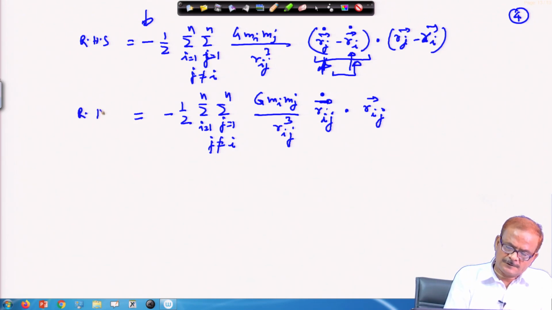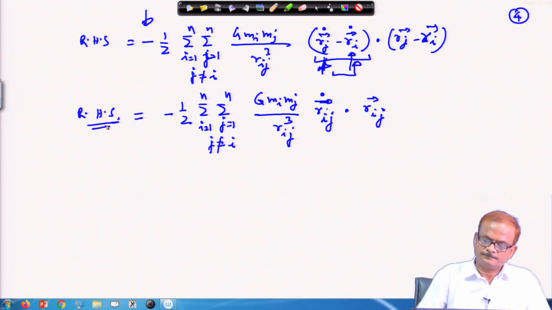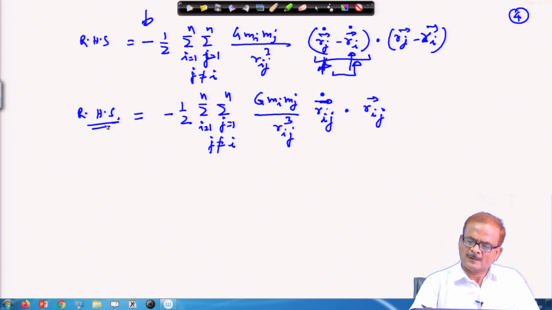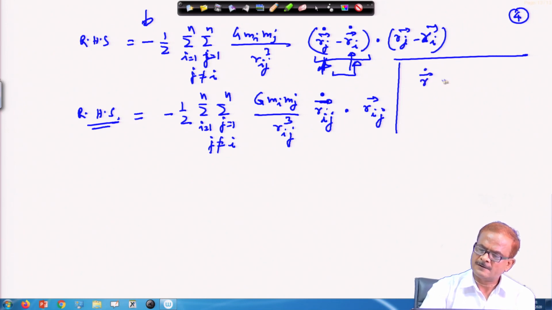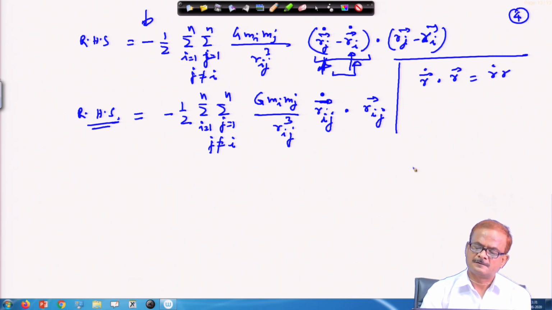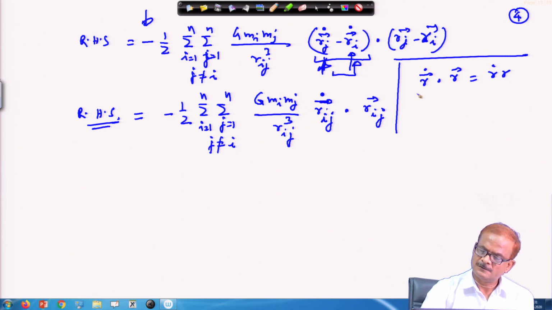So, this is your right hand side, and if you remember, for the two body problem we used the technique that r dot r is nothing but... So the same technique we can utilize here and solve this problem. Why is this so?